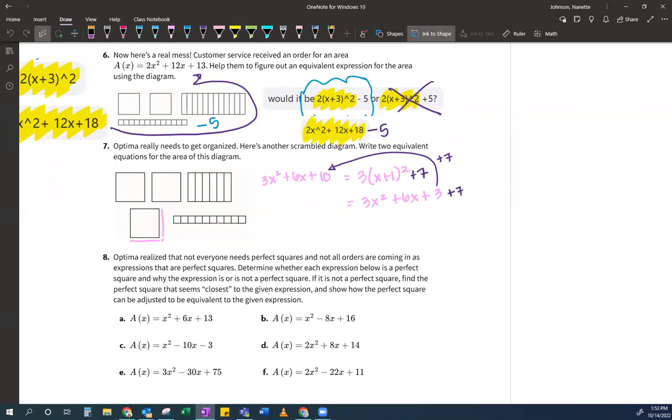Very good. Okay. So again, I want you to check to make sure that you know where this goes. So your answer for this one is going to look like this. Here's your answer, because these two are exactly equivalent. Does that make sense? Very good.